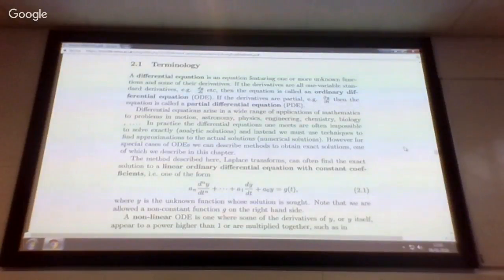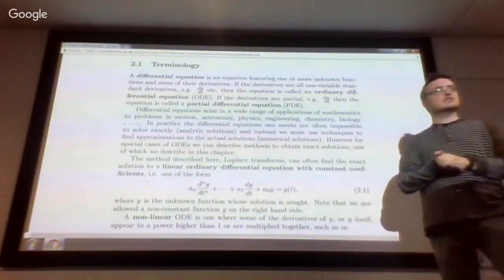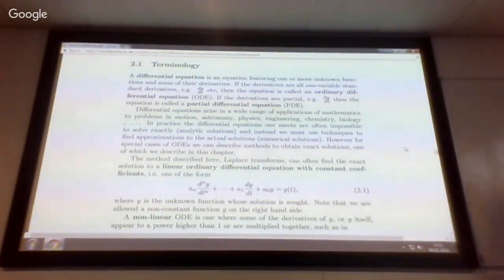If they can, that's called an analytic solution. If you can do some symbolic algebraic manipulation of the equation and produce a solution expressed in terms of standard functions, polynomials, trigonometric functions, exponentials, logarithms, then that's called an analytic solution. You find the solution exactly.